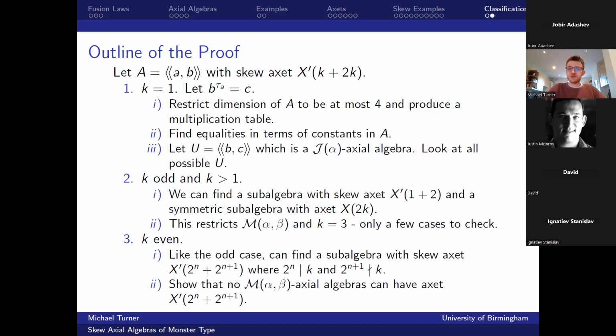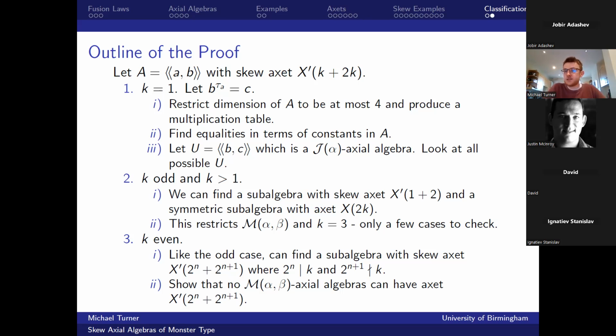So for k odd and k greater than 1, we look at two subalgebras of this large axial algebra with skew axet. Firstly, we have a subalgebra which actually has skew axet X prime 1 plus 2. And we've also got another axial subalgebra, which is going to be symmetric and have axet X 2k.